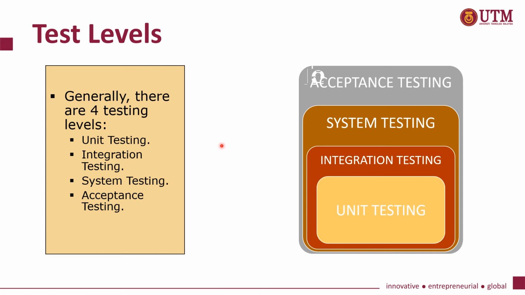This slide again shows that there are 4 levels of the test, starting with unit testing, then the higher level integration testing, then the system testing, and finally the acceptance testing.